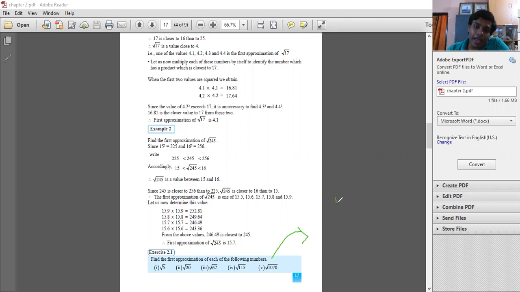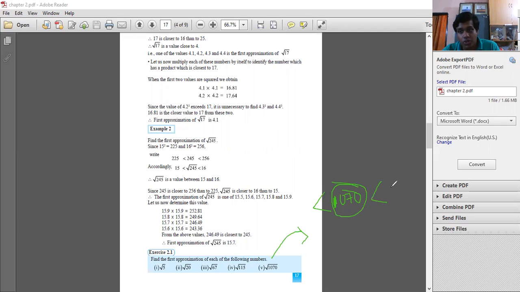Anyways, I will tell you the steps. You find what is closer to 1070. Step number 1, find which squares it is closer to. 25 into 25 will give you 625. 26 into 26 will give you 676.